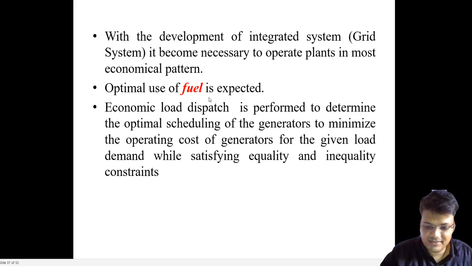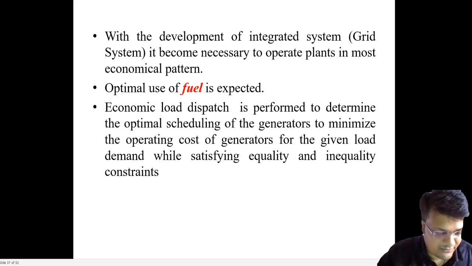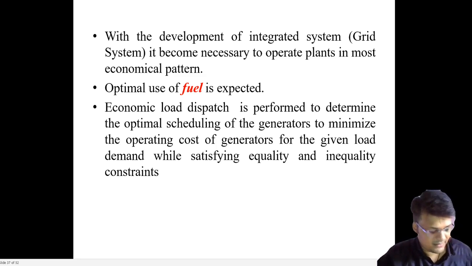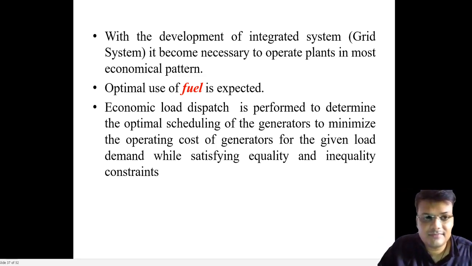For any power plant, the price of electricity is calculated from the fuel. For a thermal power plant it is coal. For nuclear it is radioactive material. For hydro, the fuel is water. It is free of cost, but the installed capacity is more than the thermal power plant.